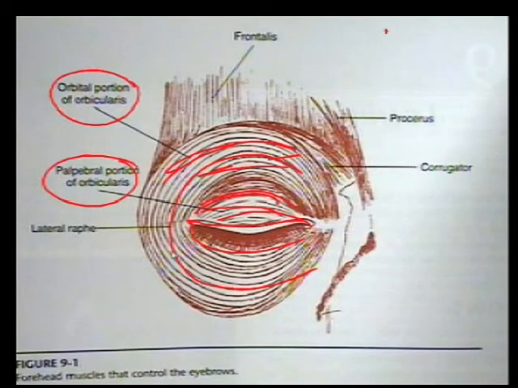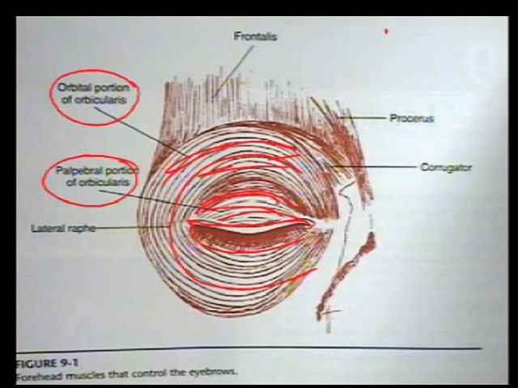And all of these lines represent the fibers of the orbicularis muscle. And you can see they really form what we'd refer to as a sphincter muscle. When it contracts, the opening gets smaller, that opening being the palpebral fissure.